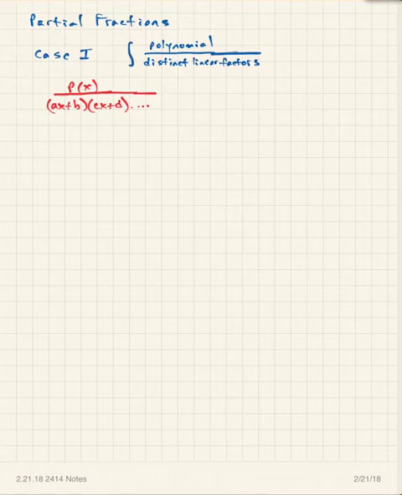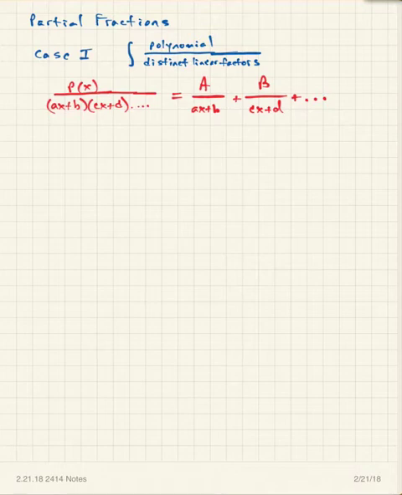And to decompose this, we can break up a fraction like that into its partial fractions, and the partial fractions are all just going to have a different linear factor in the denominator. And you use one partial fraction for each linear factor. So you have A over ax plus b plus B over cx plus d, and in the numerator, these would always be constants. And I'm going to put plus dot dot dot because it's however many linear factors there are.